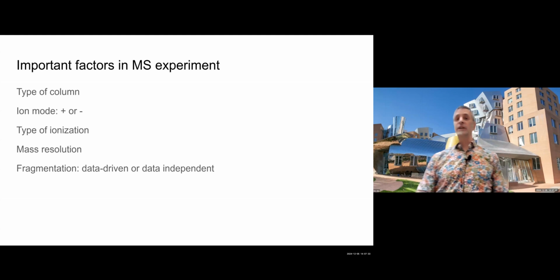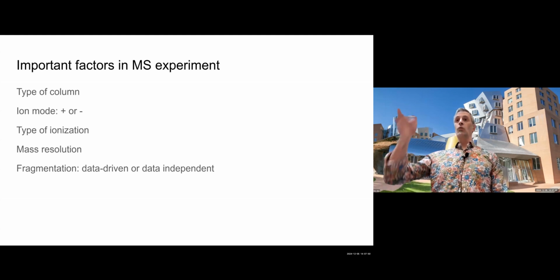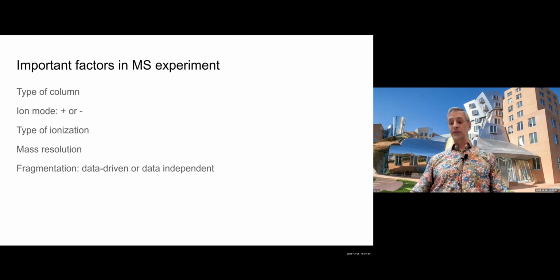So apart from the different methods of fragmentation, even on the same machine, we can have a fragmentation that is data-driven or data-independent. And so if the fragmentation is data-driven, then we're going to get a mass spectrum in our first pass through the mass spec, and it's going to tell us here are all the parent molecules.